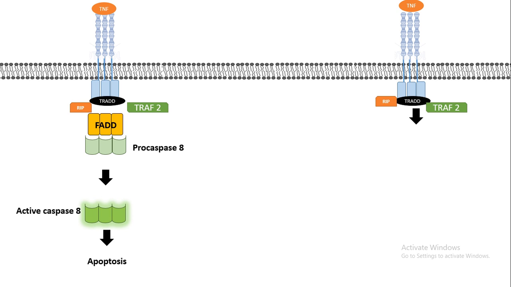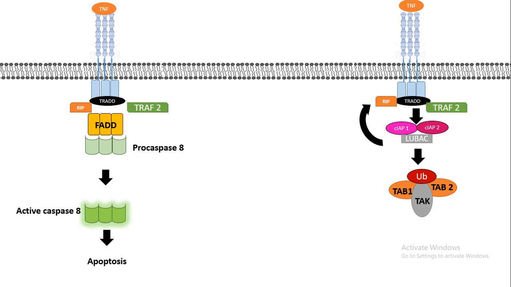But the key difference is when cIAP1, cIAP2, and LUBAC bind to this complex. It allows the RIP to fall down from the complex. And what happens is RIP frees TAK kinase from its inhibitors, which are TAB2 and TAB1.